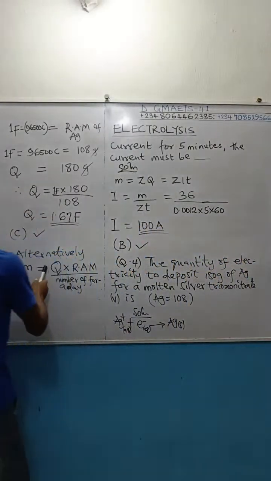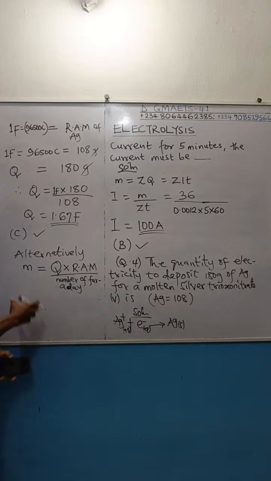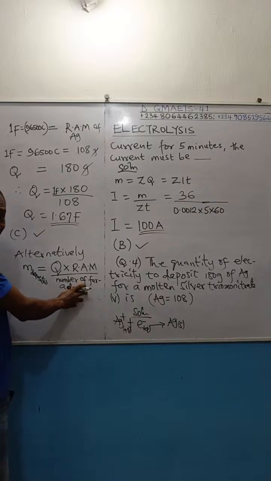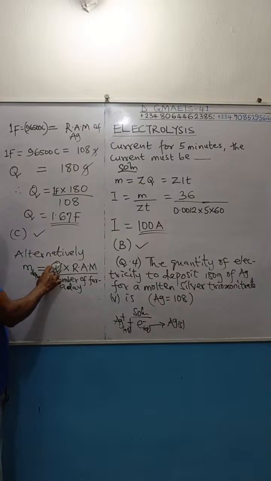Now, looking at this, they gave us the mass deposited. This M here is mass deposited. From this question, we are looking for the quantity of electricity.